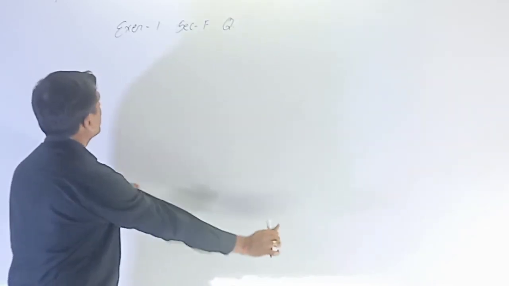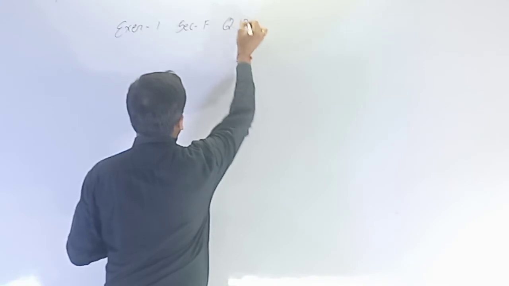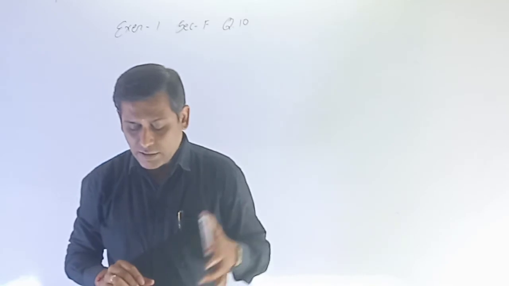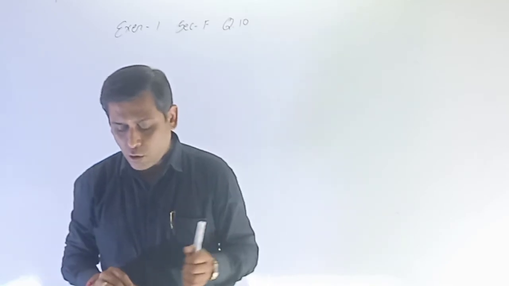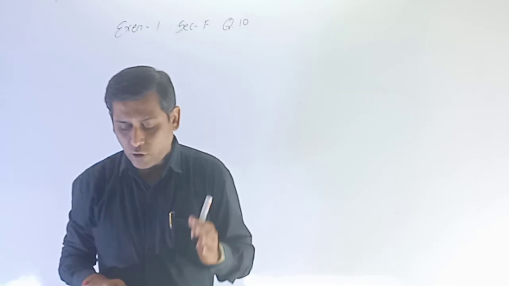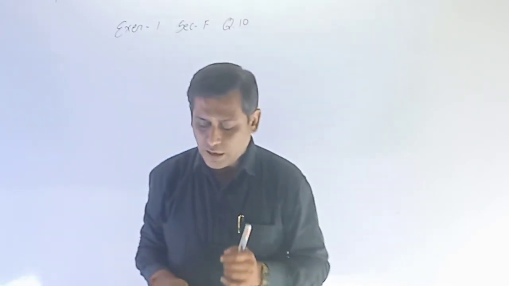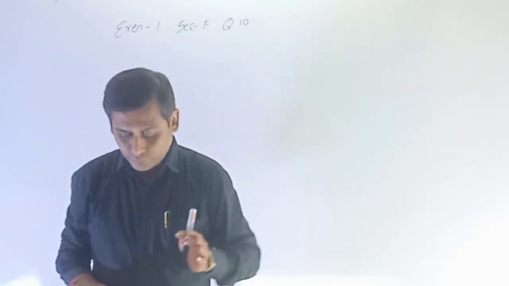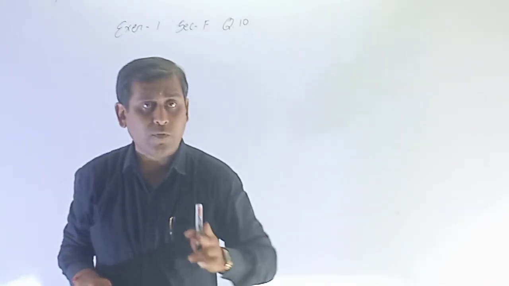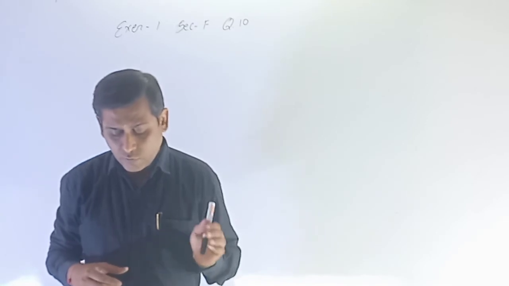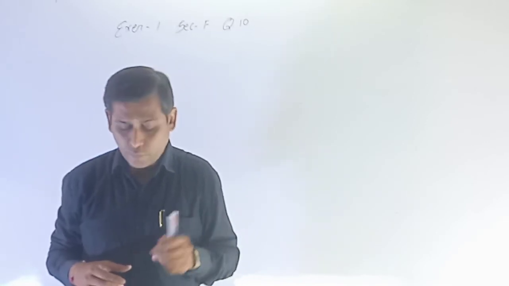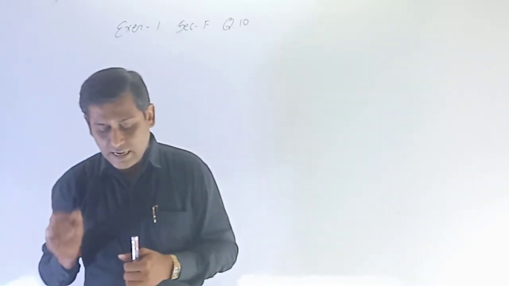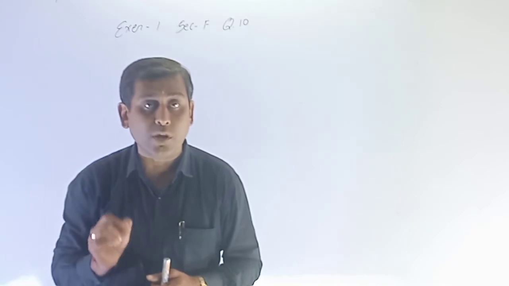Exercise 1, section F, question number 10. I am reading the question first. The index numbers of food and clothing among the different groups of cost of living are 150 and 224.7 respectively. Now the price of the fuel has increased by 220%.